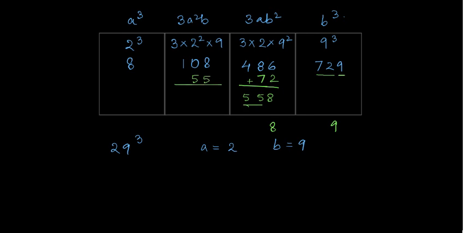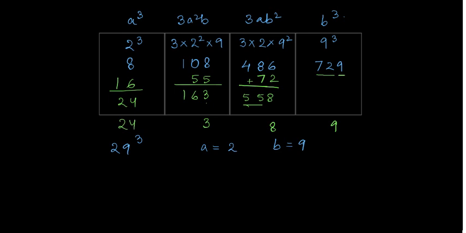So we are just noting down the unit digit, and the rest we have to carry to the next rectangle. Now 108 plus 55 will give us 163. Again I'm writing just the 3, and 16 will go over here. Now 8 plus 16 will give us 24, and we are writing this 24 over here.